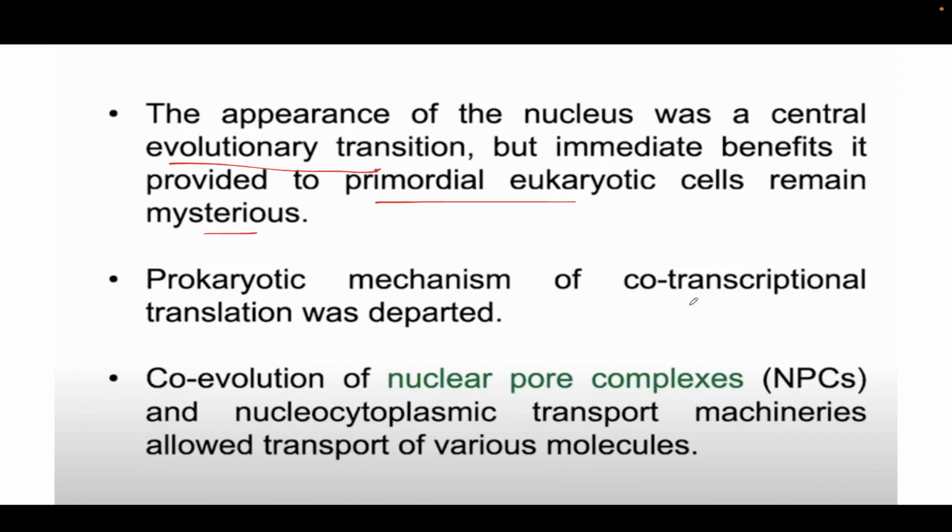The prokaryotic mechanism of co-transcriptional translation was departed from. Okay, this was a prokaryotic mechanism, co-transcriptional and translational. Co-evolution of nuclear pore complexes and nucleocytoplasmic transport machineries allows transport of various molecules.